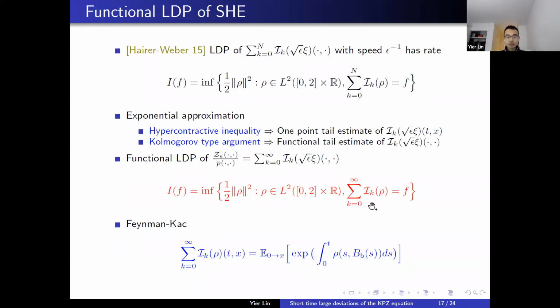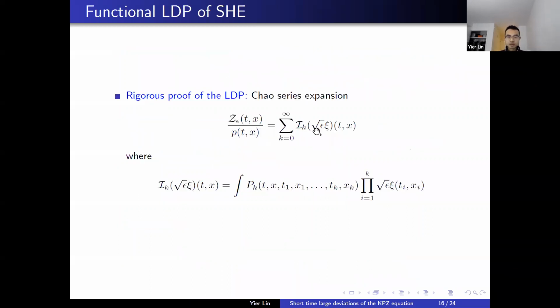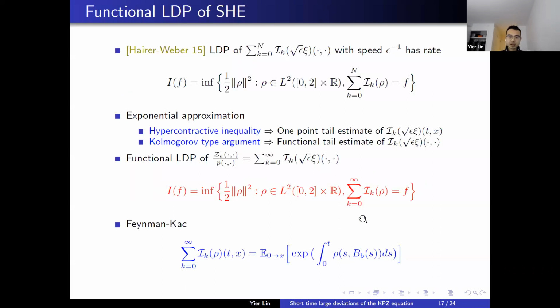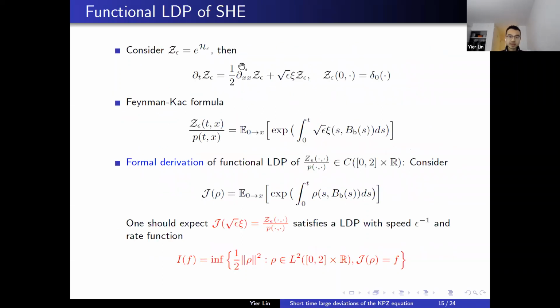And what does this infinite summation correspond to? Actually, when you look at this infinite sum with space-time white noise inside, it's just a solution to the stochastic heat equation. So when you replace this root epsilon times the noise by a deterministic L2 function rho here, this turns out to also be a solution, but a solution to a deterministic PDE, where you replace this root epsilon times the noise by the L2 function rho.